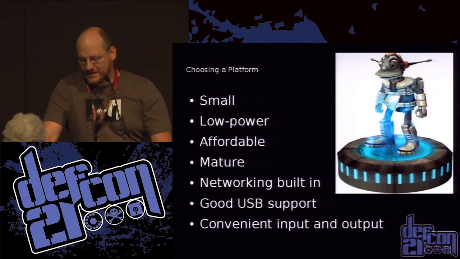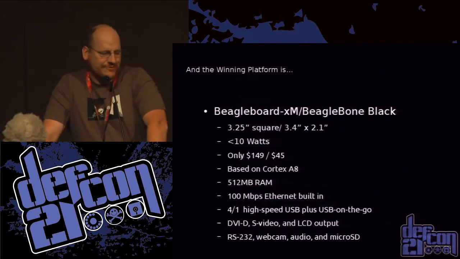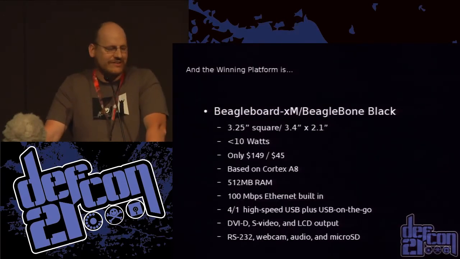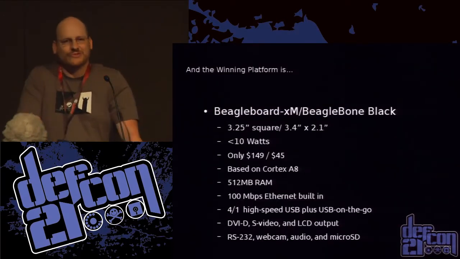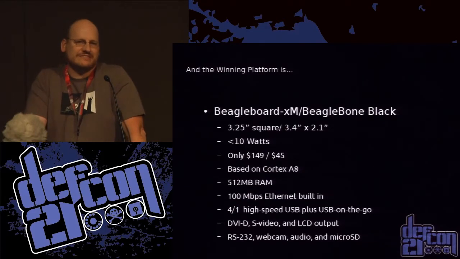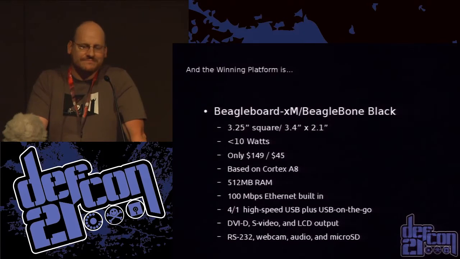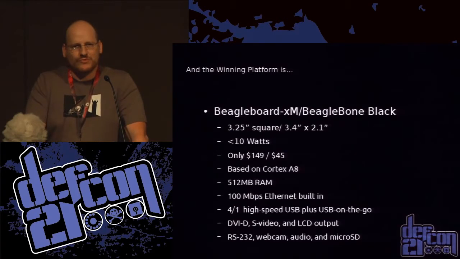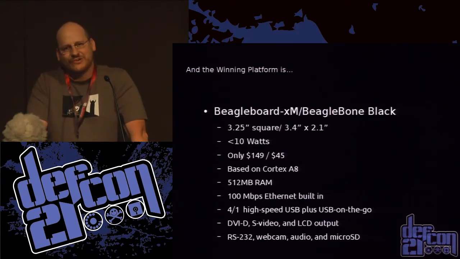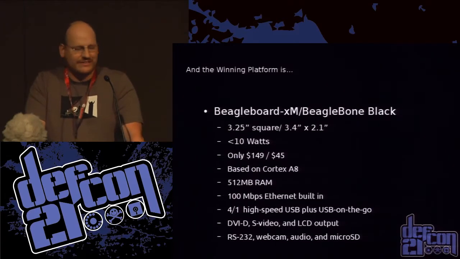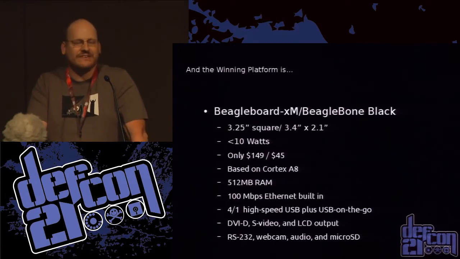Right? And the winning platform, I kind of gave this away, is the BeagleBoard family of devices. In particular, I started out doing this with the BeagleBoard XM, which is a desktop replacement device, and have moved to having something that runs as well on the BeagleBone and the new BeagleBone Black that I'll talk a little bit more about in a bit.